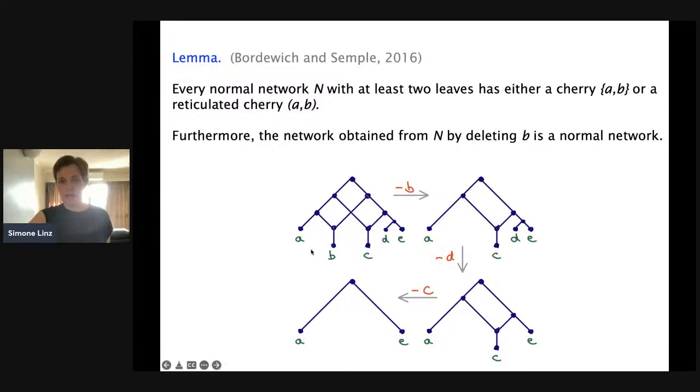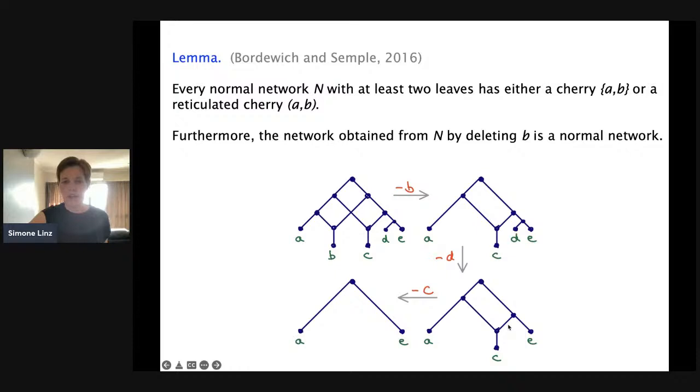So here is an example. We start with this network and it has a cherry DE, but it also has a reticulated cherry AB. And in this case here, I decided I'll take the reticulated cherry first. So I'll delete B. And if we delete B, then we are left with this network. And now the second operation is the deletion of D. D is an element of the cherry DE. So we delete D, and now we are left with this network.